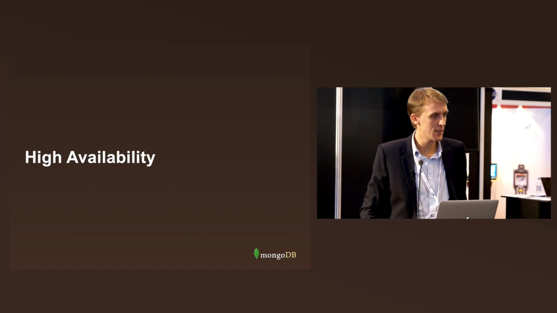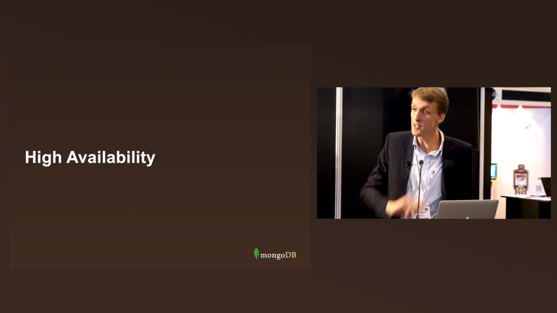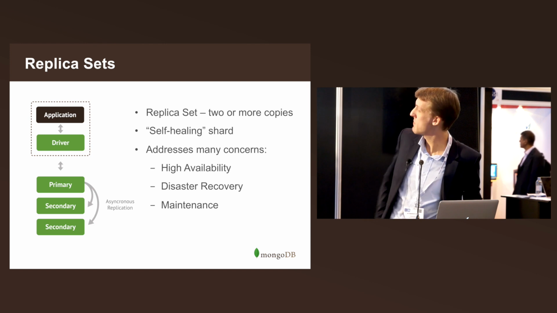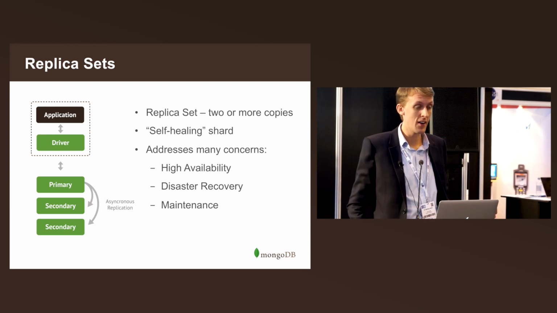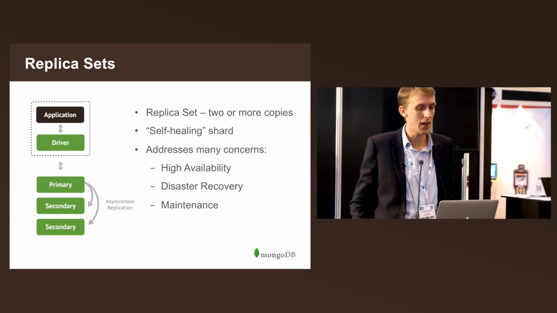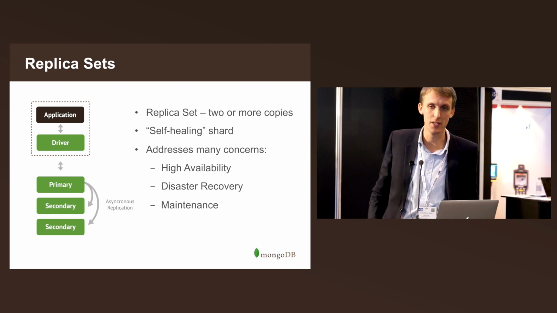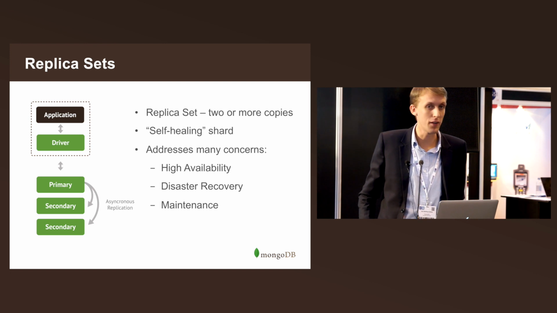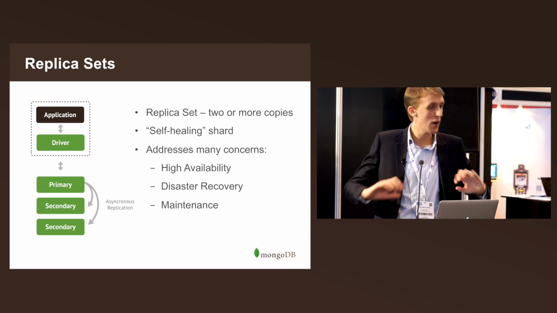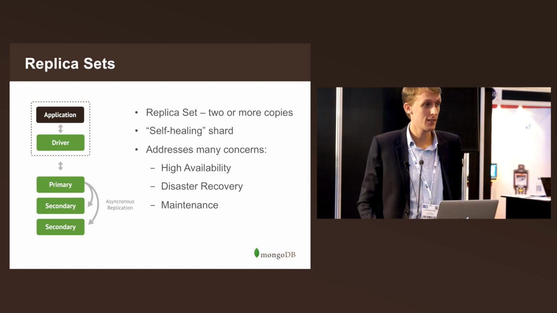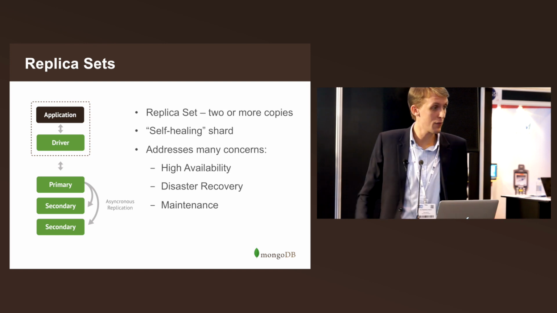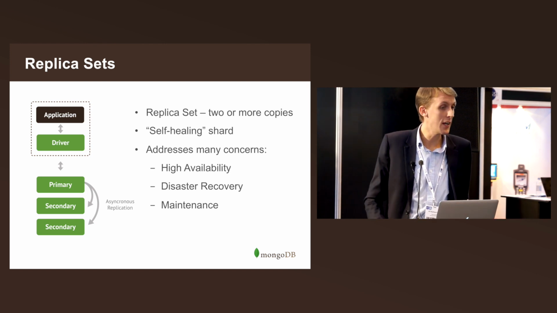So MongoDB has something called high availability built into it. What this means is that we can take a copy of your data and make multiple copies in different locations. You can take one server, maybe a couple, or a few, or even up to 12 servers, distribute them across a geography, and have those replicas almost like hot standbys, ready to kick in if and when there's a failure.